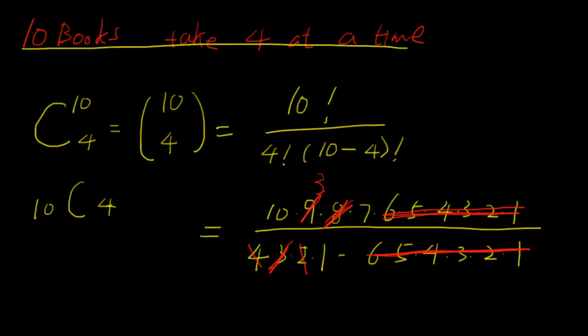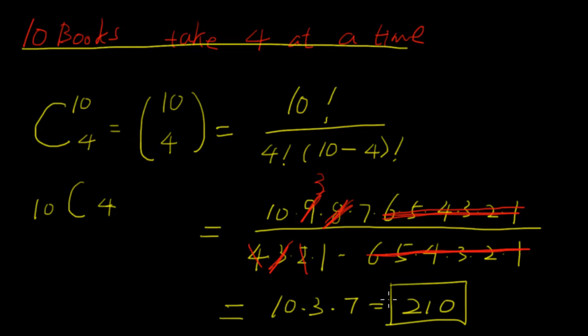So what's left behind? 10 and 3, times 7. So 10 times 3 times 7. That's 21 times 10, 210. So what is that supposed to mean?